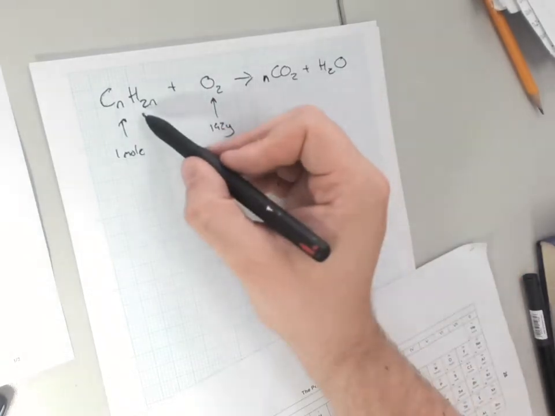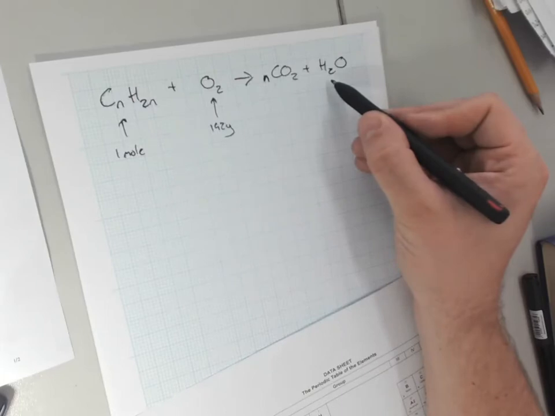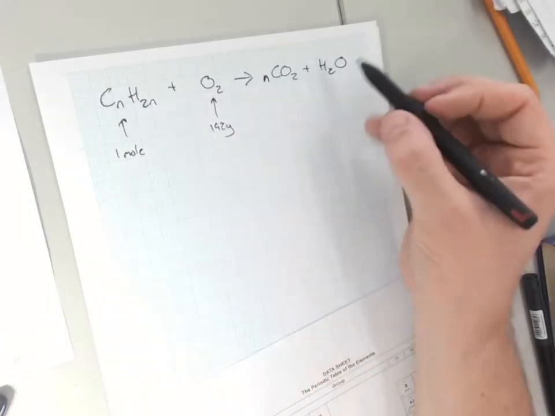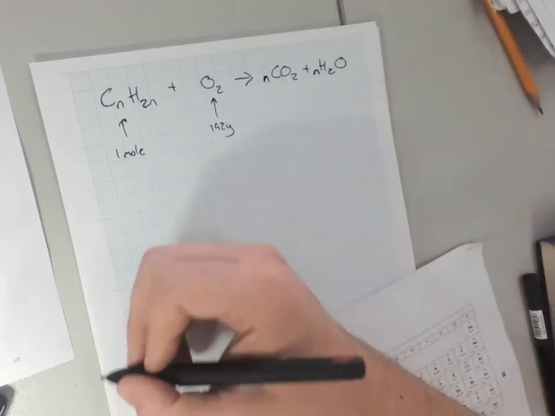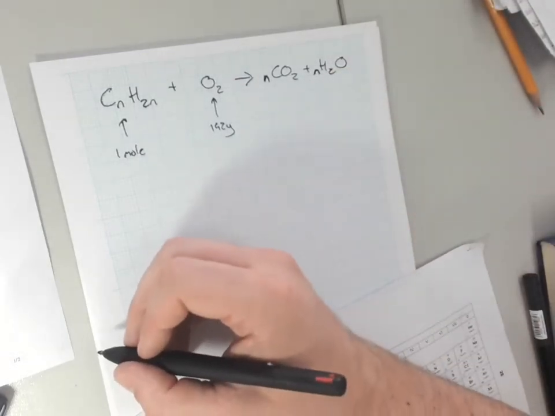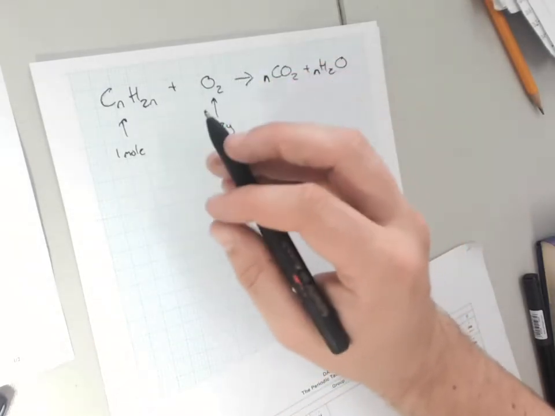So the number of waters is going to be n, because 2 hydrogens there and 2 hydrogens there. So the coefficient for H2O is also going to be n. This is important later on.